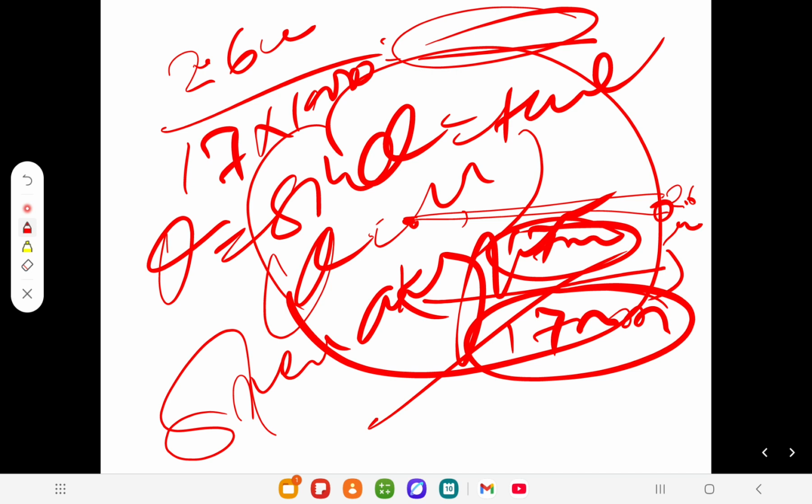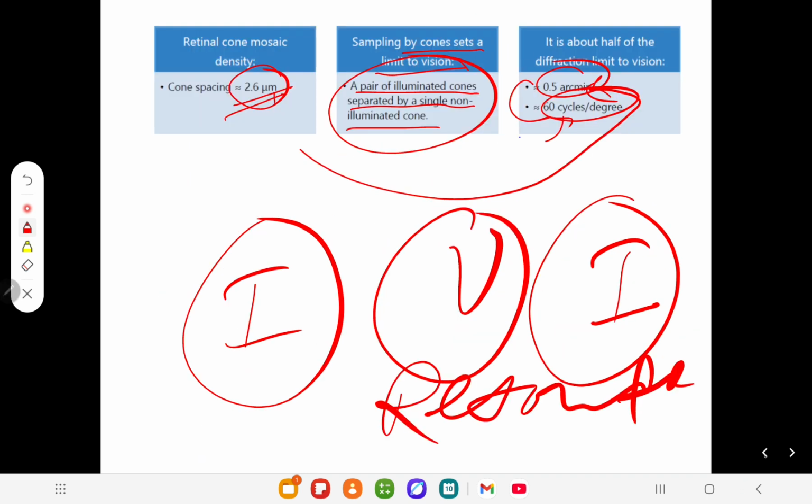I want to tell you about the Nyquist theory, which is a very important theory you have to understand, because sometimes it's connected with neural theory, sometimes with retinal optics or retinal resolution optics. There are a lot of terms, but you have to understand two theories. One is diffraction, which corresponds to the Rayleigh criteria for resolution, and the other is the Nyquist theorem for resolution. So both come here.